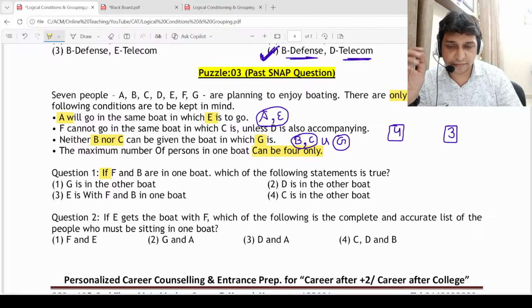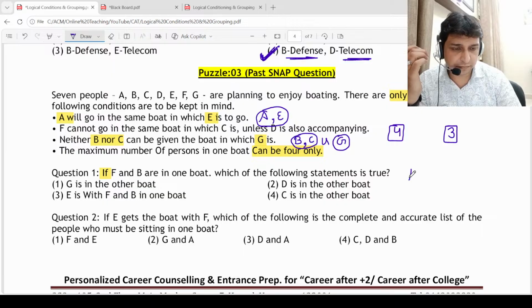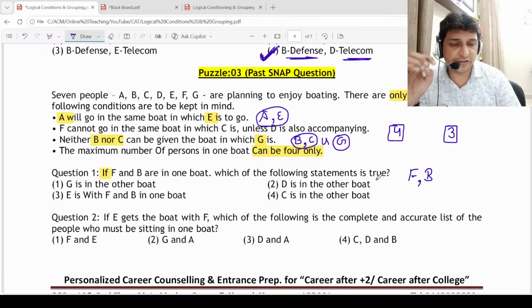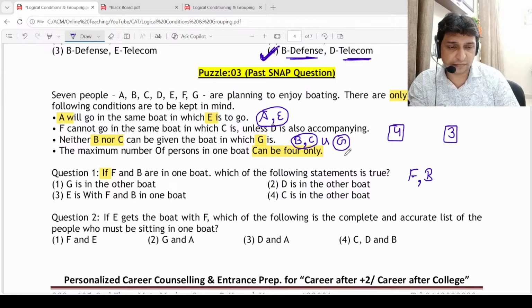So let's solve this. If F and B are in one boat, so let's have F and B in one boat. Then which of the following statements is true? If F and B are in this one boat, then G is in the other boat.